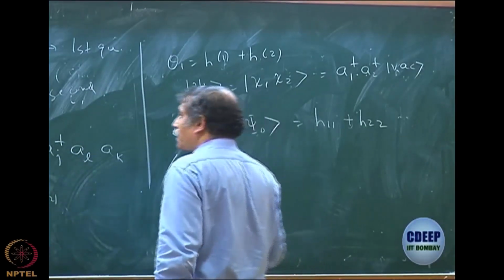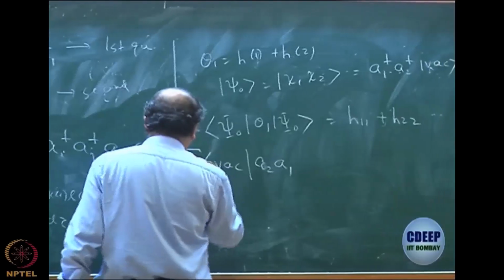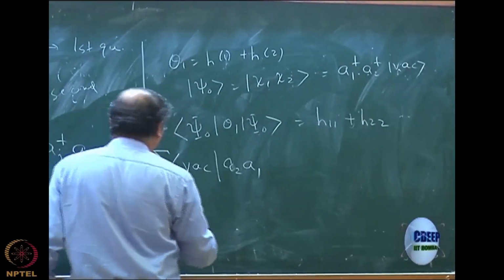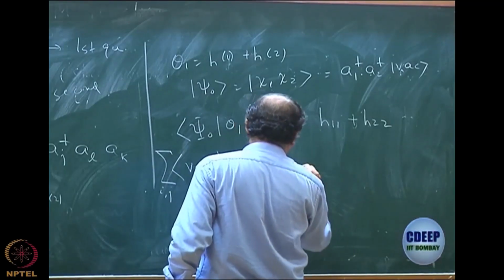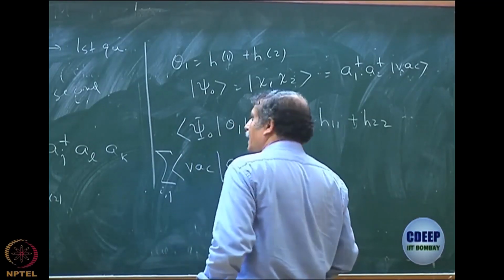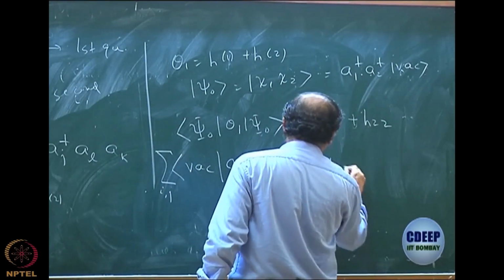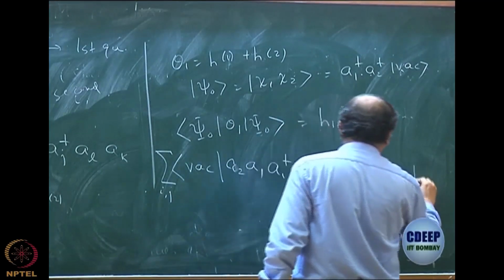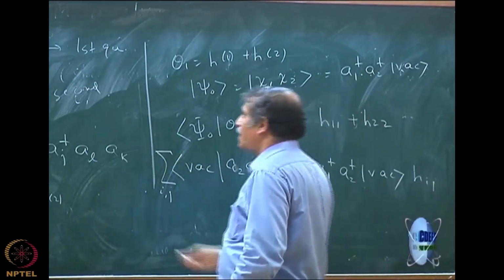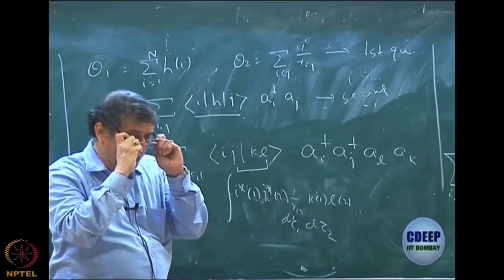The expression of theta 1 is a sum over ij, a dummy index, of ai dagger aj, and then again a1 dagger, a2 dagger, vacuum, multiplied by the matrix element hij. So, hij I define as i h j, correct.